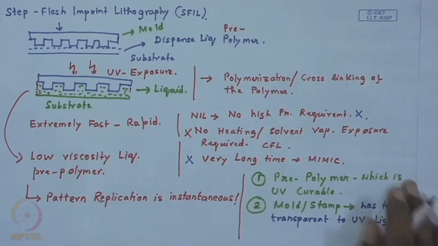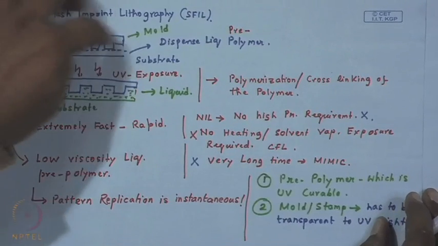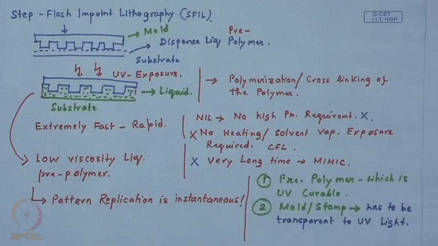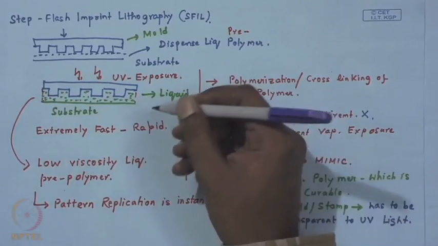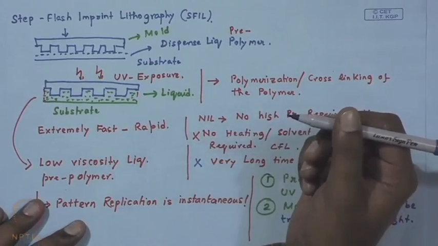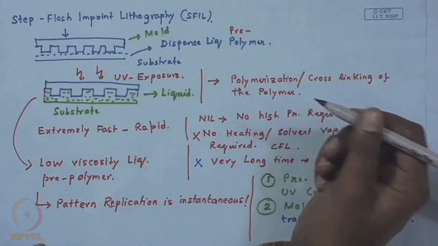If you take a stamp which is opaque to UV, then your UV exposure will not reach the patterned liquid pre-polymer film. So, it will not harden or cross link, and therefore, you will get in situ patterns by placing the stamp, but you will fail to convert them into permanent structures.